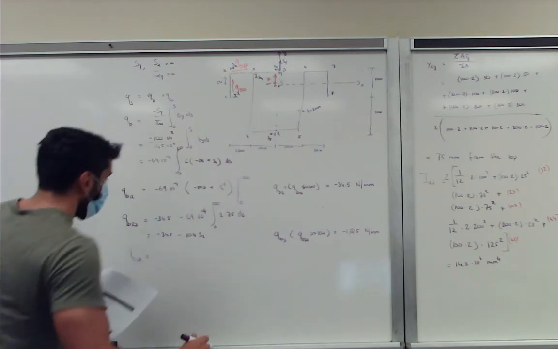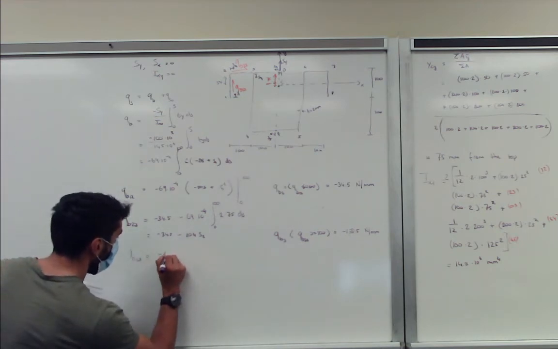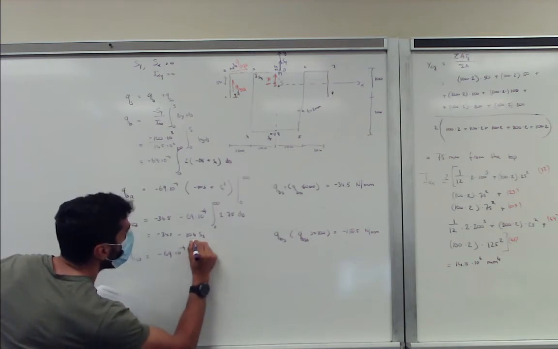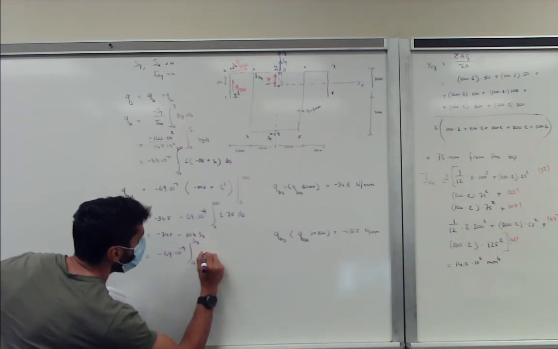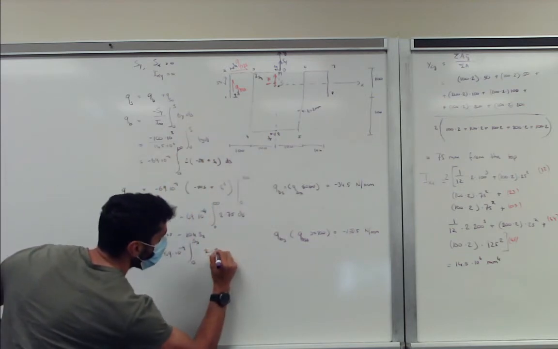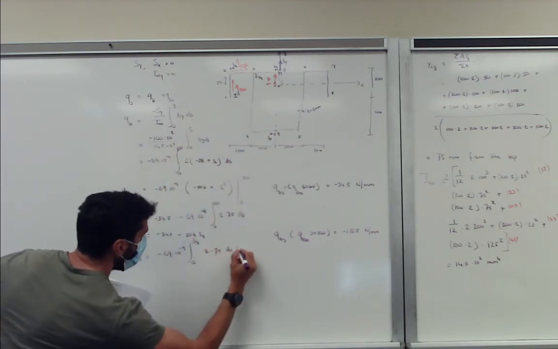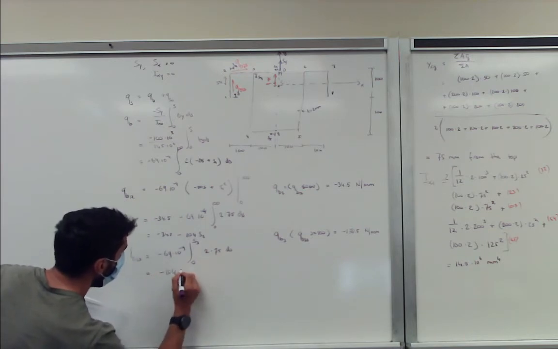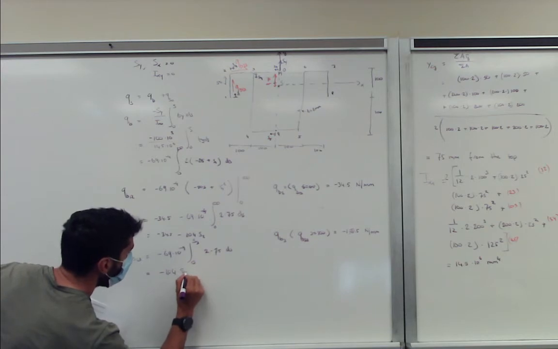So you only have minus 69 times 10 to the power minus 4 times the integral from 0 to S3 of t y ds, where t is 2 and y, again a constant, is 75. So this becomes minus 1.04 S3.